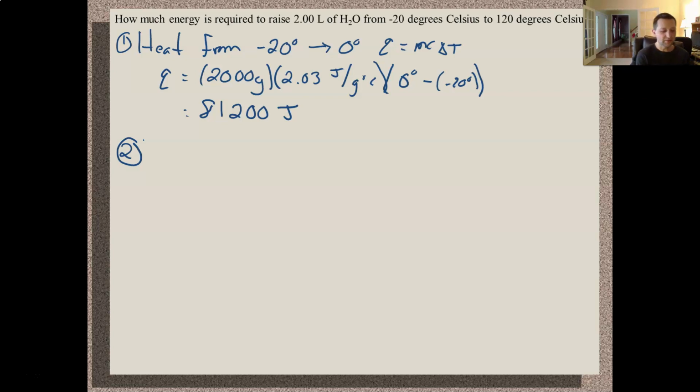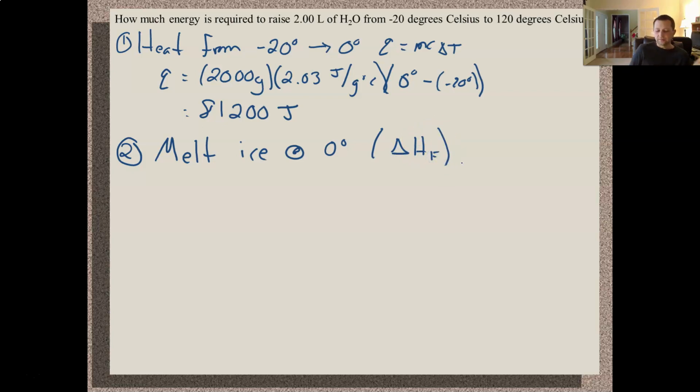Now, the second thing we have to do is we need to melt the ice at 0 degrees. Okay, that's a phase change. So for a phase change, we're going from, in this case, a solid to a liquid. And if you remember on the previous slide, that is delta HF.